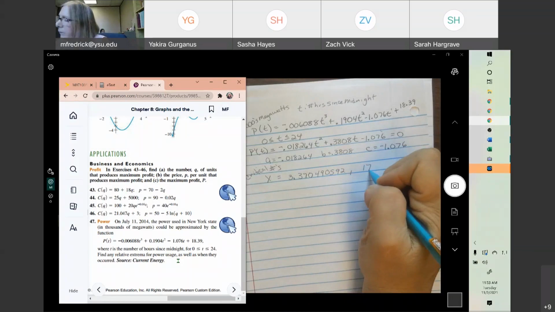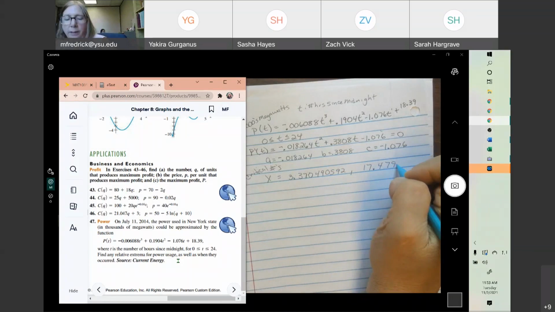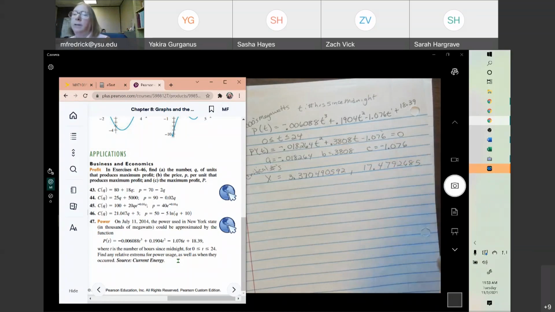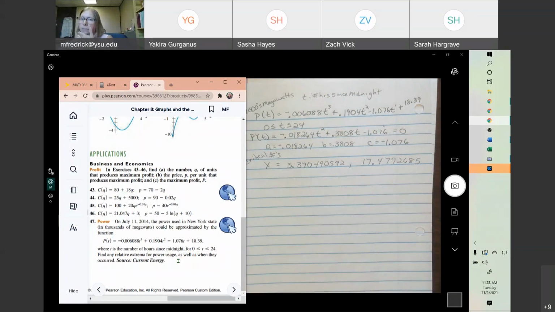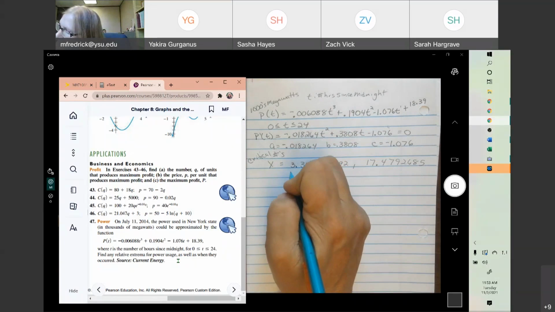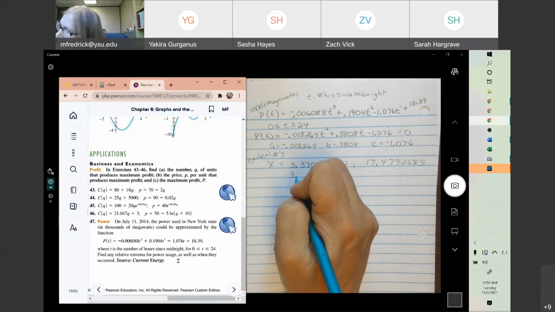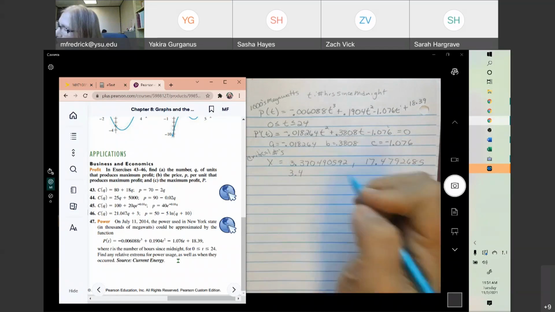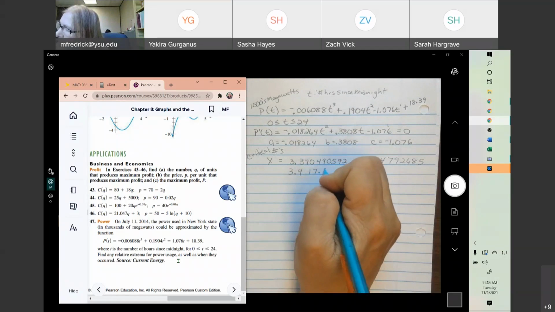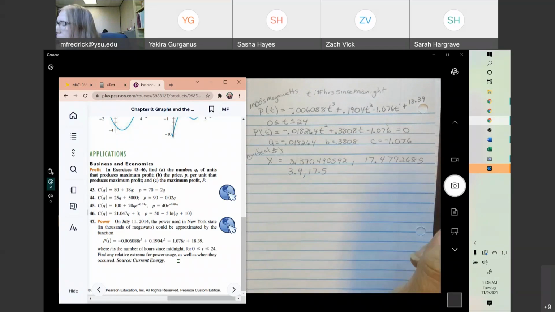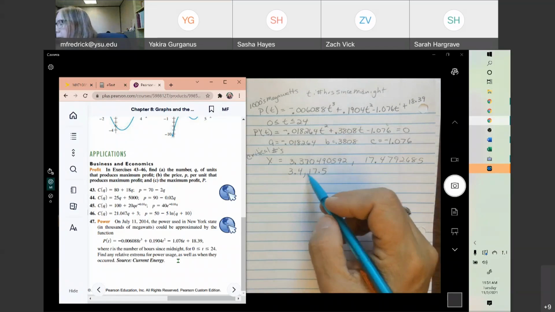The other one is 17.4792685. Now it doesn't specify if you should round it to hours or use the decimal. T is the number of hours since midnight. 3.4 and 17.5. So the critical values are at these.